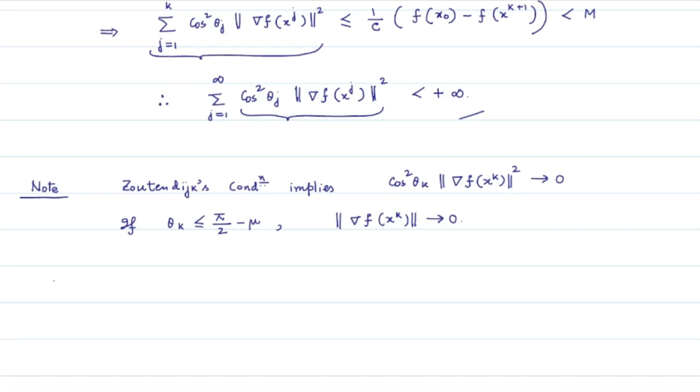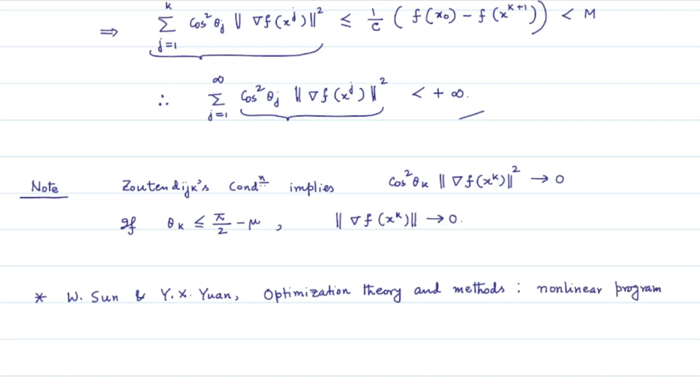Now I would like to mention one book, a very famous, theoretically elegant book in optimization by Sun and Yuan, entitled Optimization Theory and Methods: Nonlinear Programming, which came out as the first volume of Optimization and Its Applications, a Springer book series, in the year 2006.